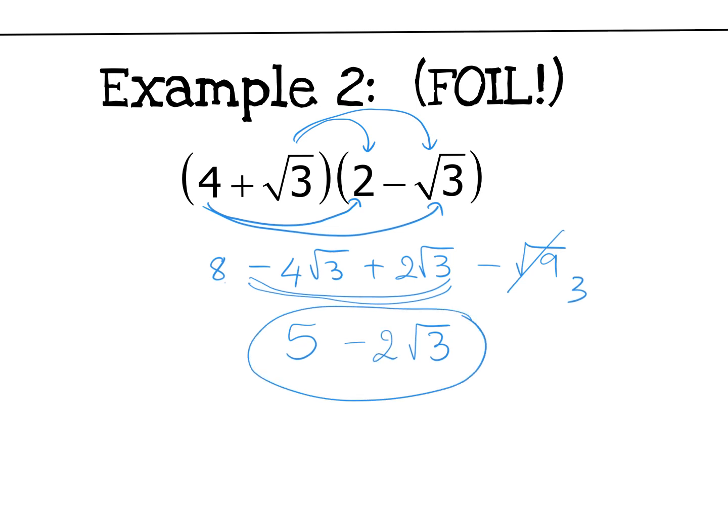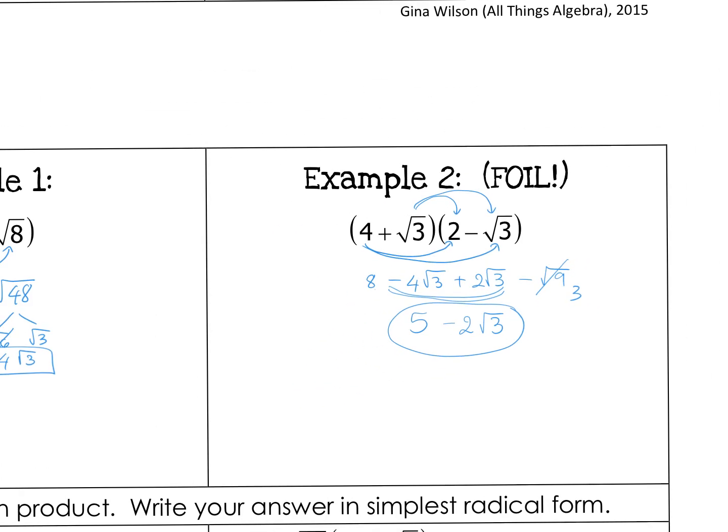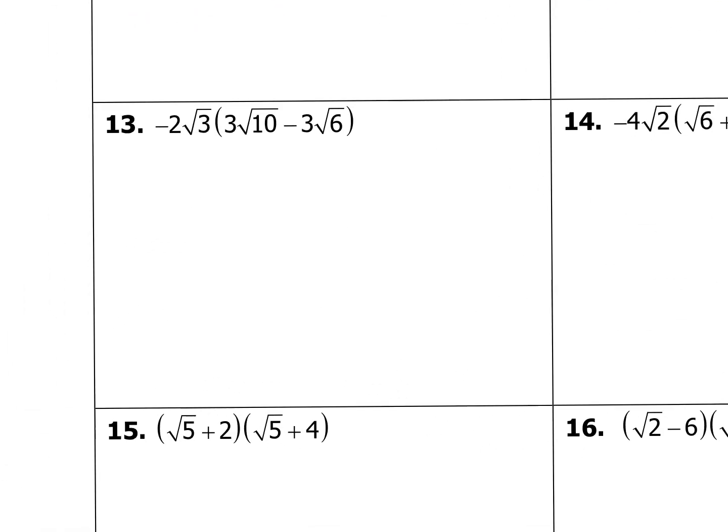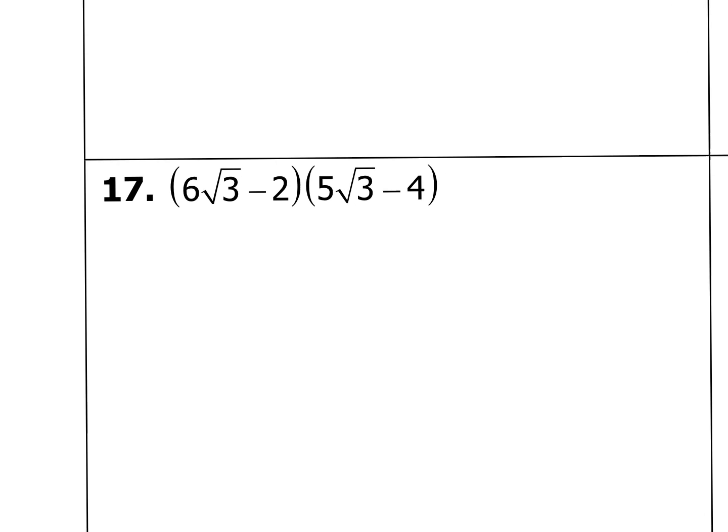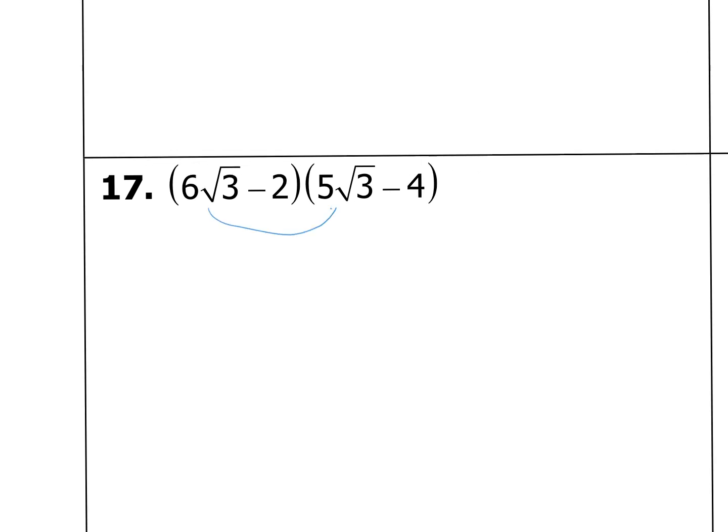All right, we're going to go ahead and practice 17 and 18. First, we have 30 square root 9. I'm going to use the FOIL method because we have binomial times binomial. Inner, we have negative 24 square root 3.